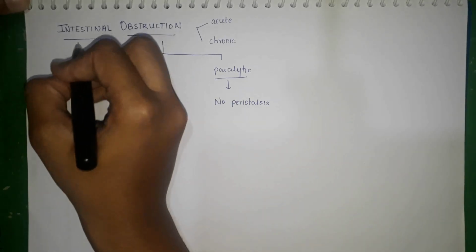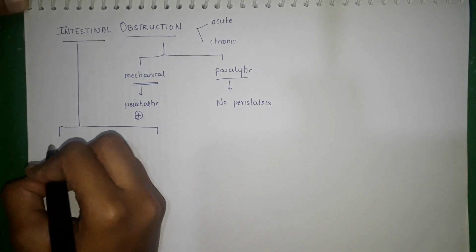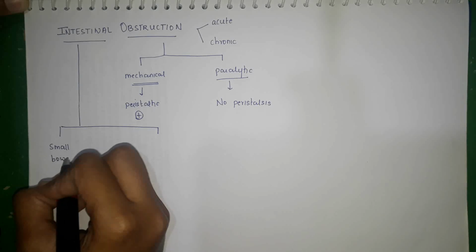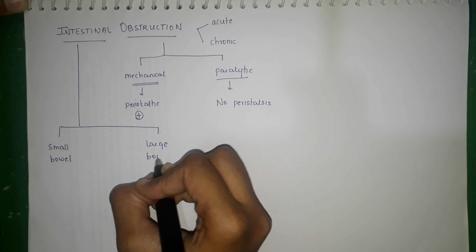Another common classification depends on the site of obstruction. So it's classified as small bowel obstruction or large bowel obstruction.